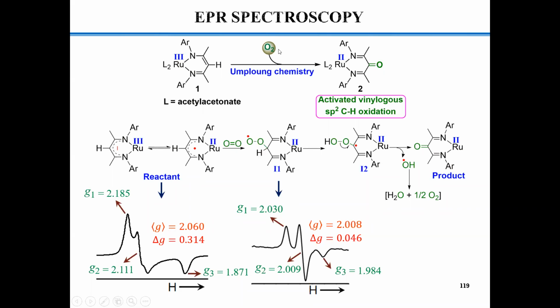For example, you know molecular oxygen is a triplet, so it can only react with a system having open-shell configuration. That means an unpaired electron is there. In this compound, the metal has an unpaired electron. Okay, it might have attacked at the metal site, that is possible.